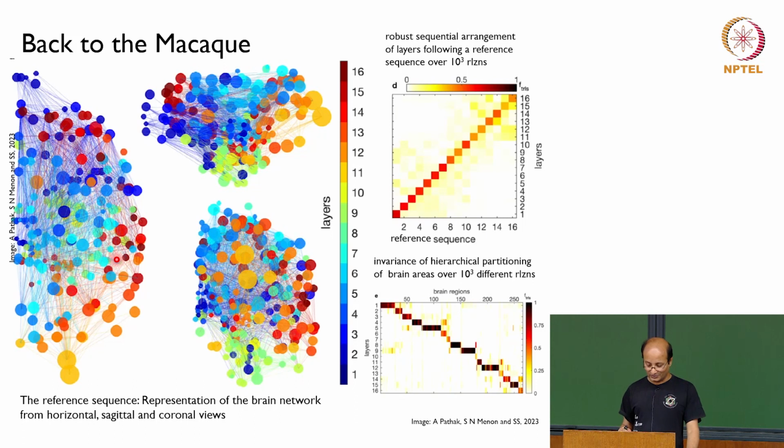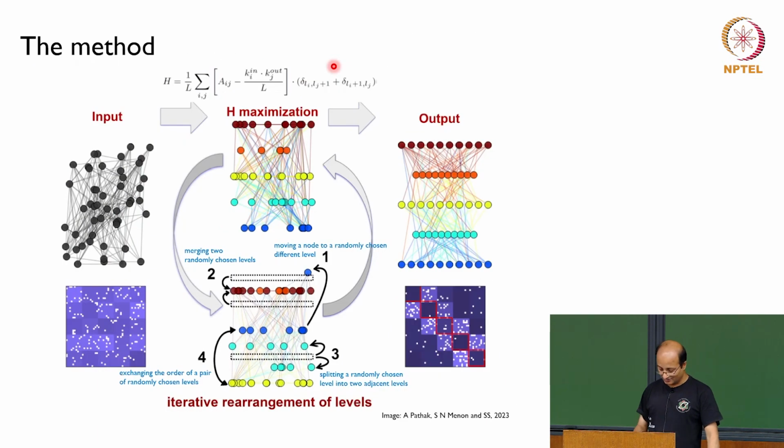And now if you look at the macaque brain, you find that you can actually order them into a sequence of 16 hierarchical layers, and they are pretty robust in the sense that if you keep doing this operation over and over again. Remember, this is a stochastic operation, right? Because which move you pick, which node you move from one layer to another, or which level you split, is completely randomly taken, and so each realization will give you a slightly different hierarchical arrangement.